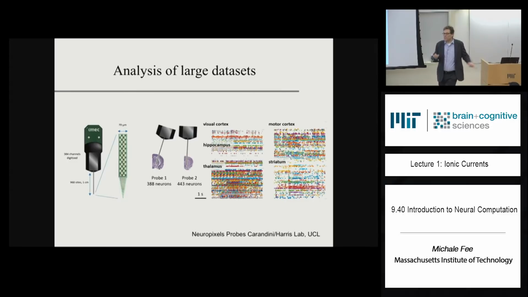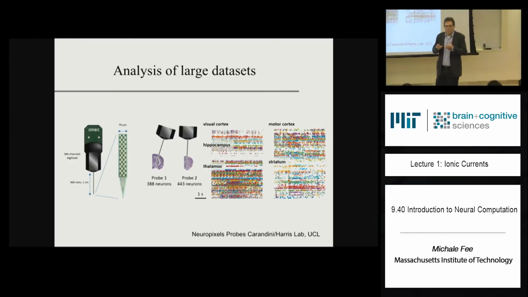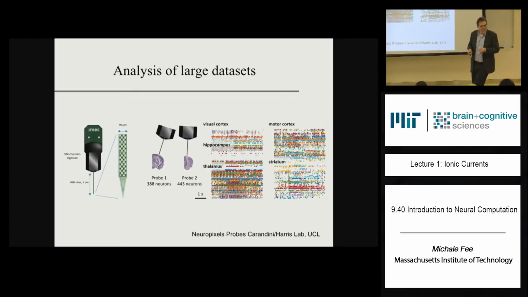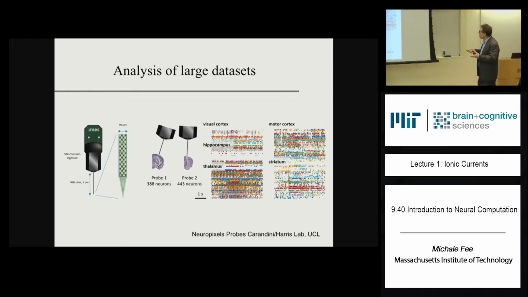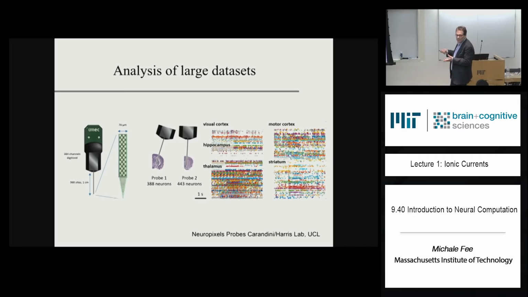So the key now is you have this very high-dimensional data set. How do you relate that to the circuit models you're developing? One of the key challenges in neuroscience is to take very large data sets that just look like a mess, and figure out what's going on underneath.